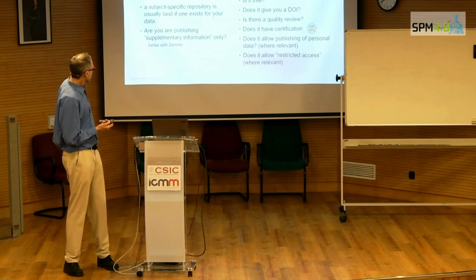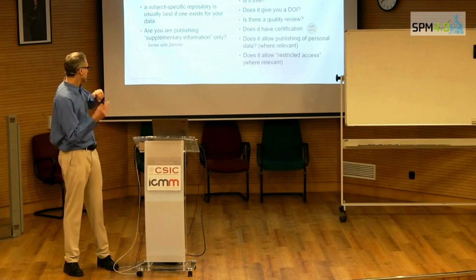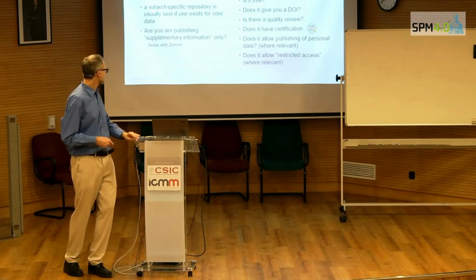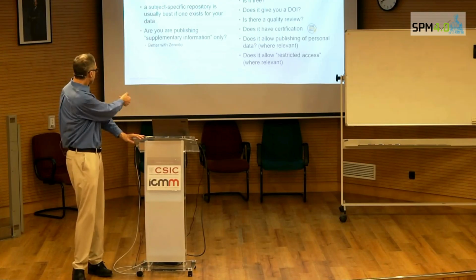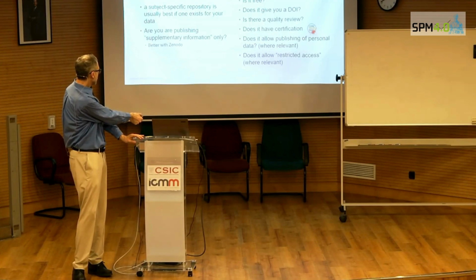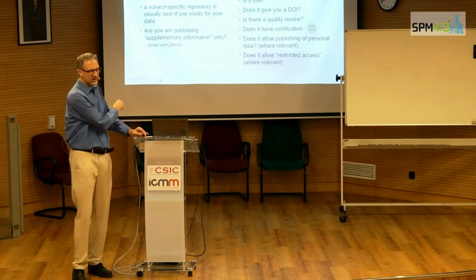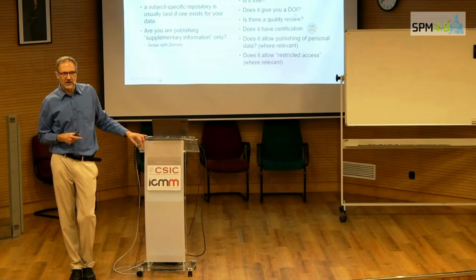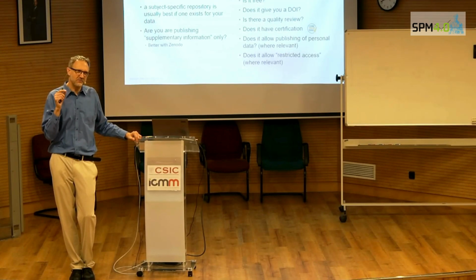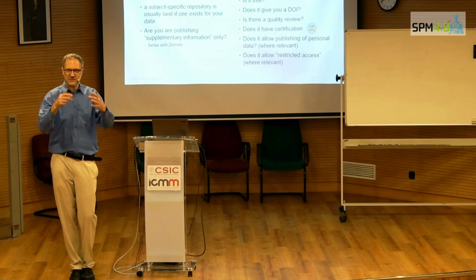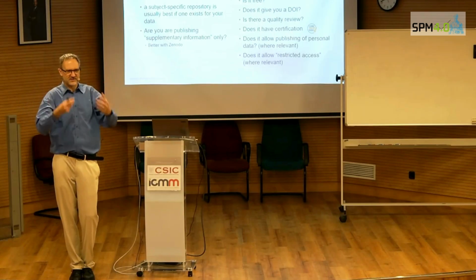We mentioned that. Is there a quality review? And does it have certification? These two are connected. If a data repository has a certification like Core Trust Seal, that means that they review the data that goes in. And that's to avoid the problem we saw this morning, where there's a field for adding a description and no one does it.